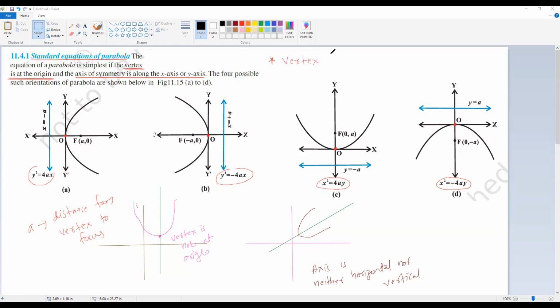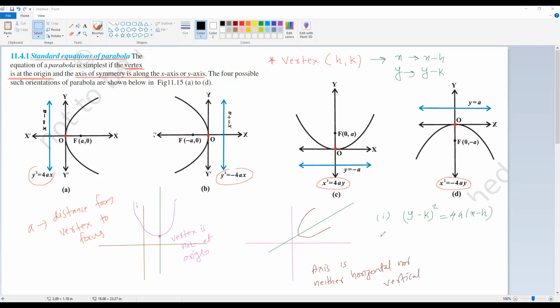Then suppose vertex is at any other point h comma k. मैंने आपको shortcut method बताया था. Vertex is at any other point है तो x के जगह आप लिख देना x minus h, y के जगह लिख देना y minus k, that's all. So अगर आपको origin के अलावा h comma k में vertex है तो equation बन जाएगा. First case का equation बन जाएगा y minus k the whole square is equal to 4a into x minus h.